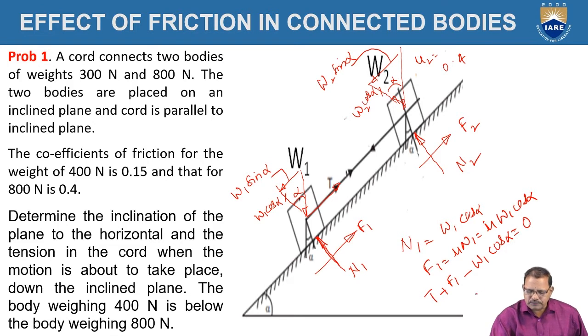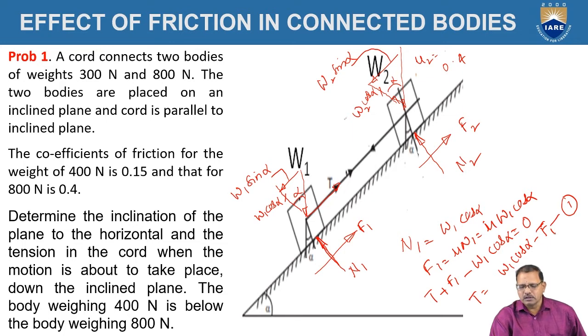From this relation, T is equal to W1 sin alpha minus F1. This is equation number 1.